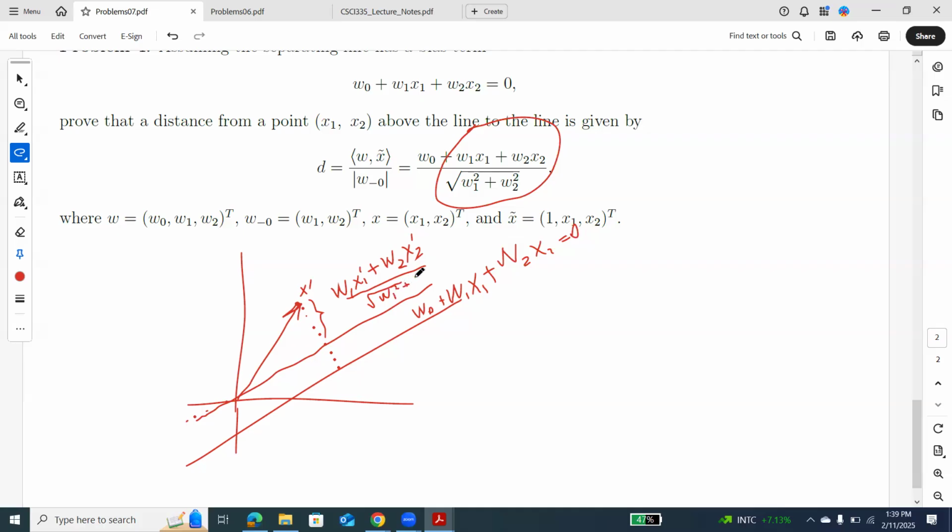So the only thing that remains is to figure out this distance.